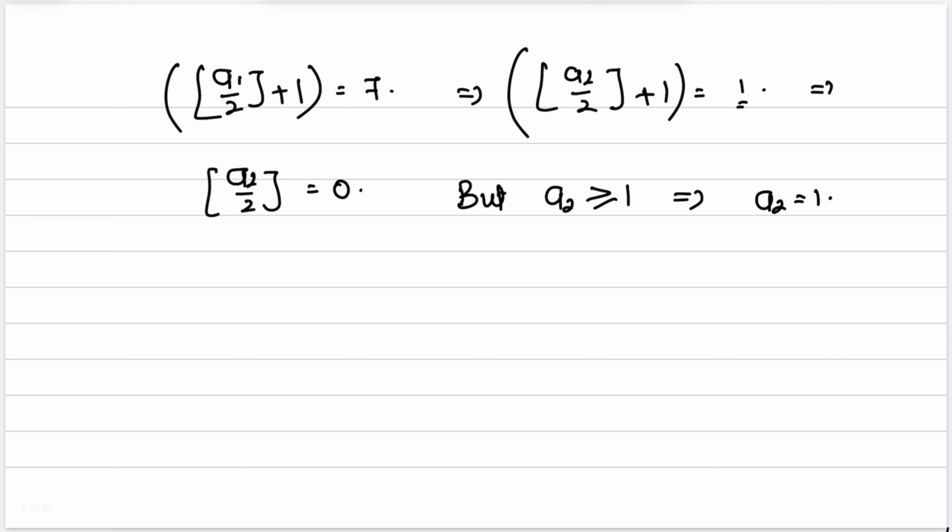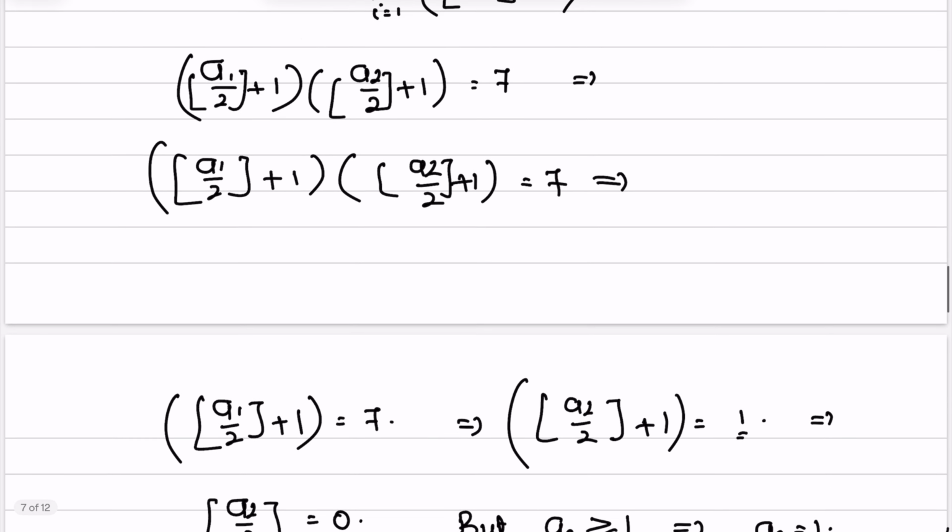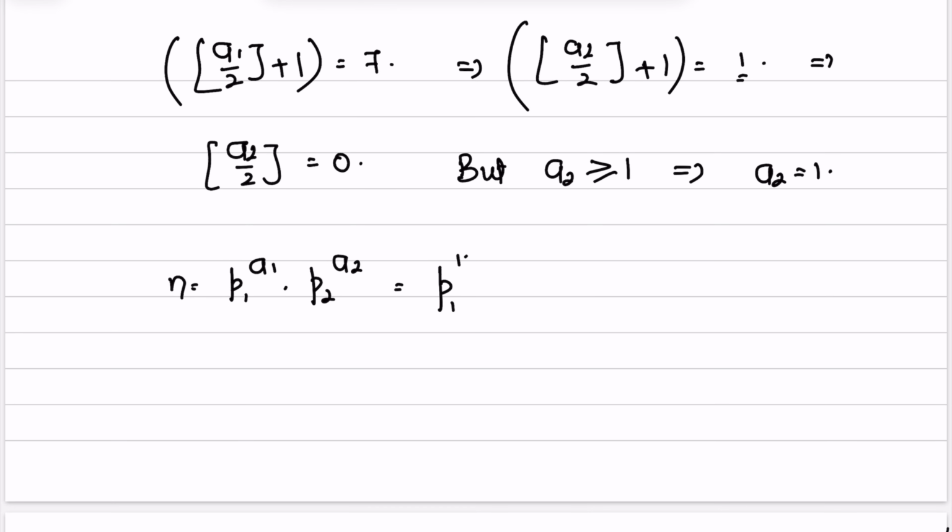Please try to understand: n is equal to P1 to the power of a1 into P2 to the power of a2, where a1 is either 12 or 13, and a2 is equal to 1.